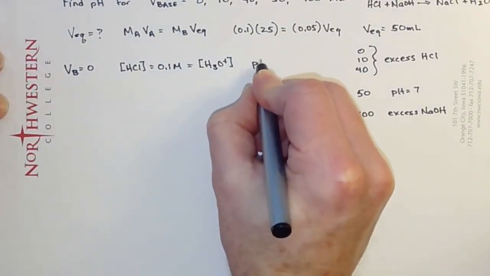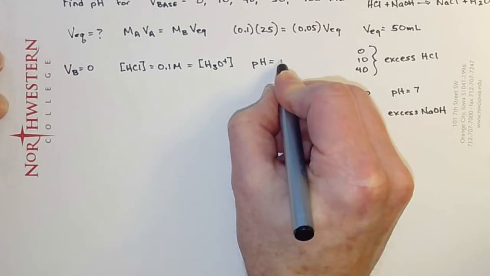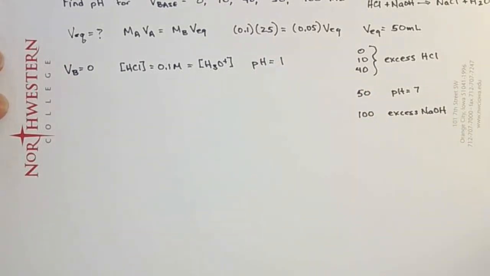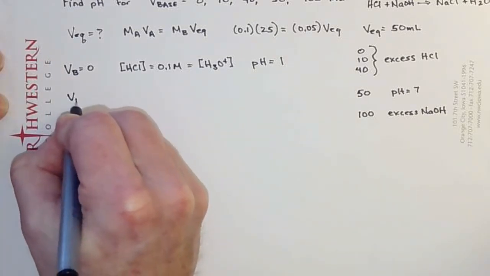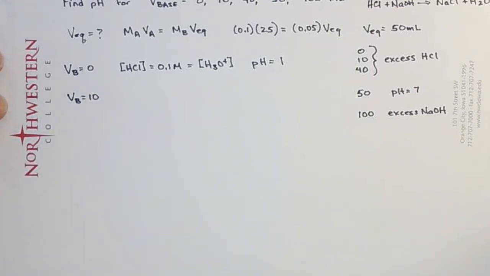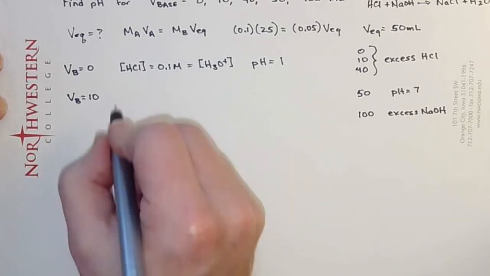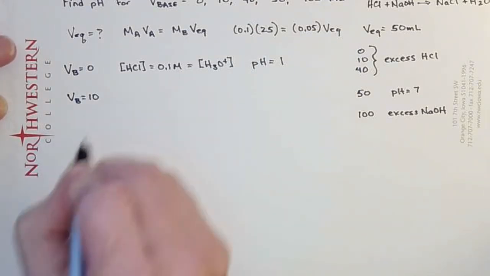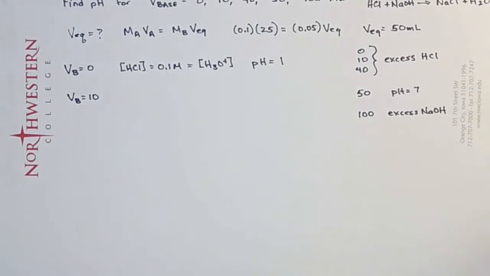From that we can infer that the pH is equal to 1. If we have a volume of base equal to 10, then we have to do a little bit more work. We want to calculate the excess HCl.